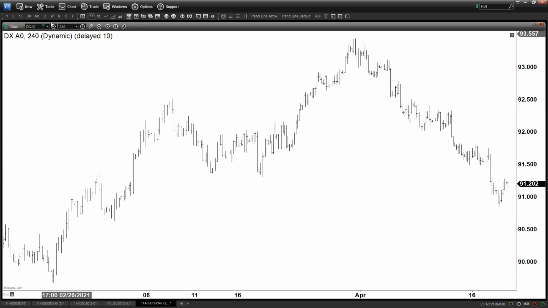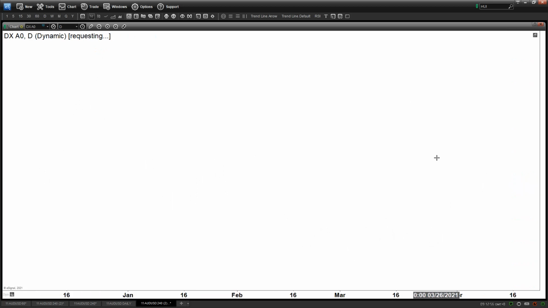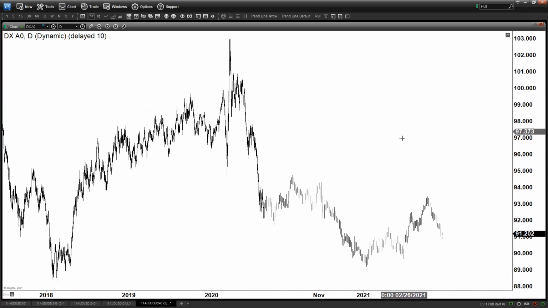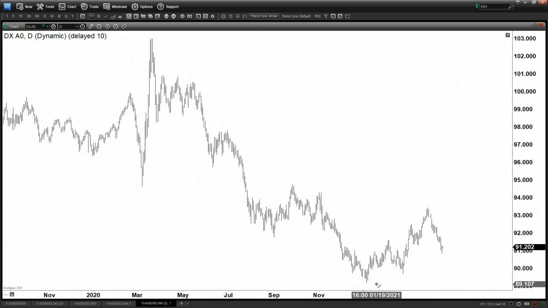If you take a look at the dollar index on the daily, okay, you can see right here this move up from this low looks to be in 5 waves as a diagonal. So what that means is, as long as the dollar index stays above here, we cannot rule out one more push higher.